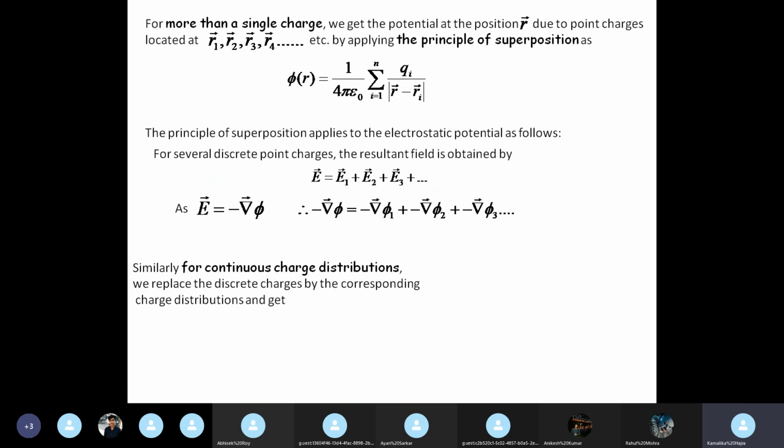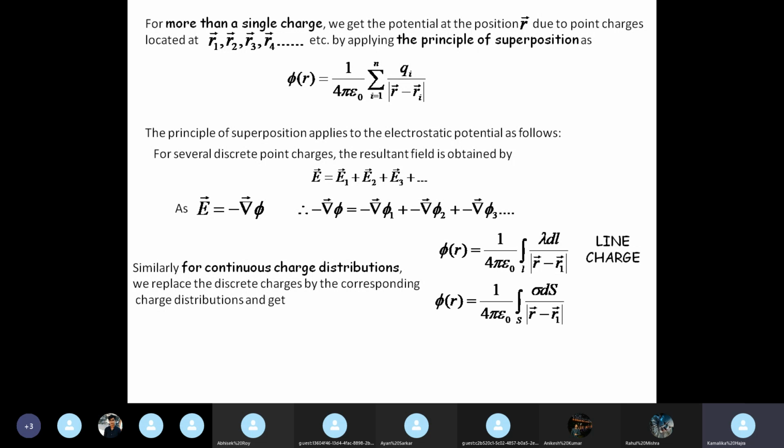So similarly for continuous charge distribution, we just replace the discrete charges by the corresponding charge distribution. Remember line charge distribution, volume charge distribution, surface charge distribution. And we get the potential like this: lambda dl by r for line charge, sigma ds by r for surface charge, and rho dv by r for volume charge.